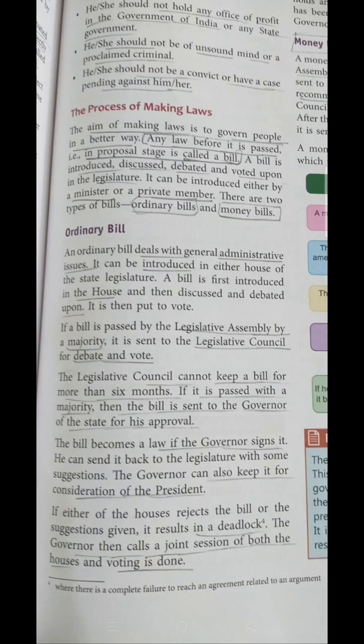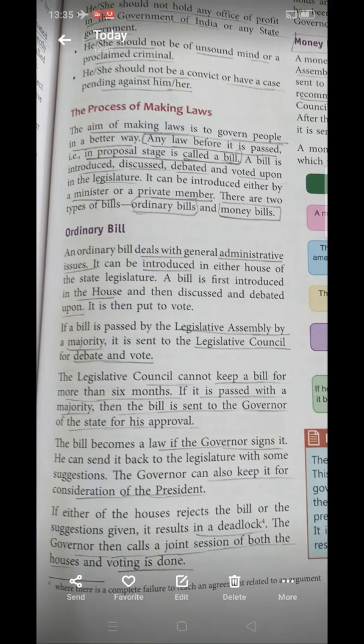I make a bill, then the bill is introduced, then discussed, then a debate session is held on that bill, and after that voting is done, and with the consent or approval of the governor, the bill becomes a law.